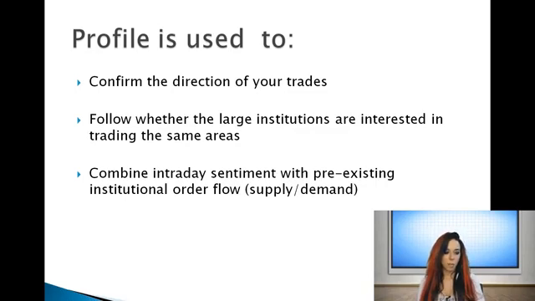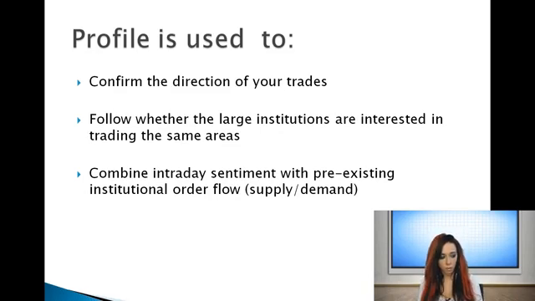Market profile in my method of trading is only used to confirm the trade direction in case you're not entirely sure whether a supply-demand zone is going to work out. So only to confirm that you're not on your own, looking at a level that no one else is interested in.